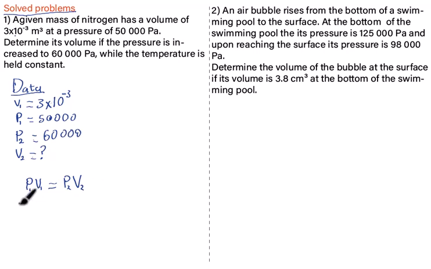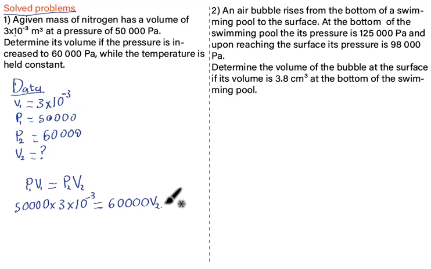So pressure ke bokae? 50,000 times V1 ke mang? 3 times 10 to the power negative 3 is equal to P2 ke mang? 60,000 times V mang? V2.